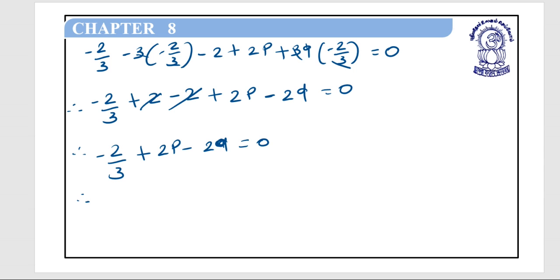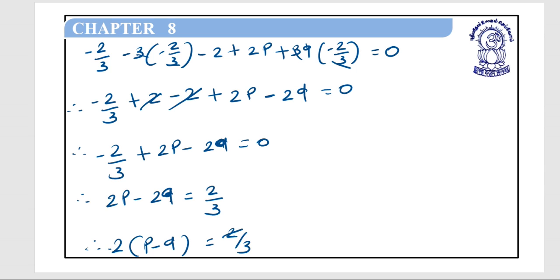So here 2p minus 2q is equal to plus 2 by 3. 2 common, p minus q is equal to 2 by 3. 2, 2 cancel. So p minus q is equal to 1 by 3.